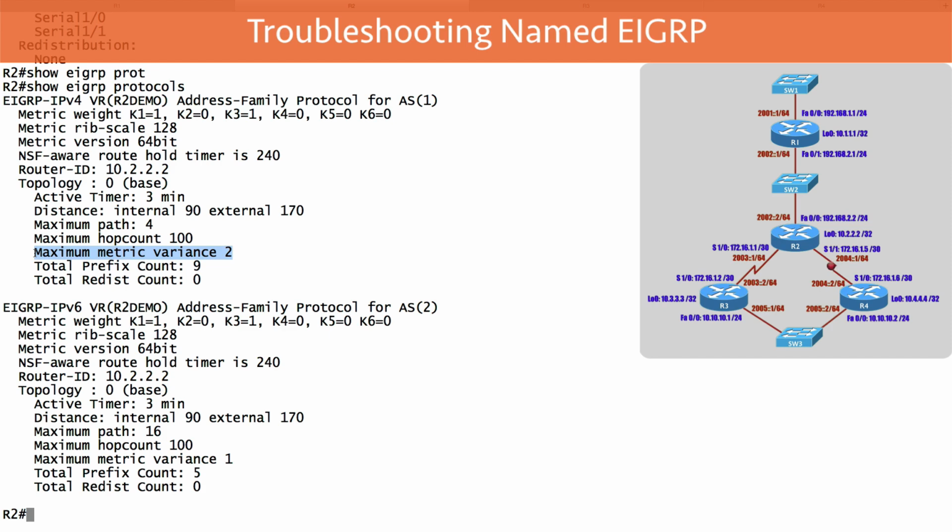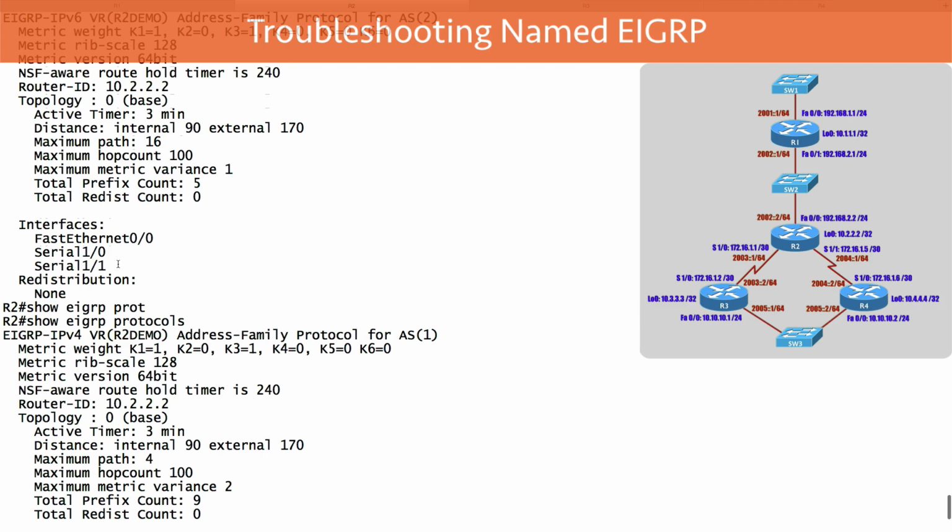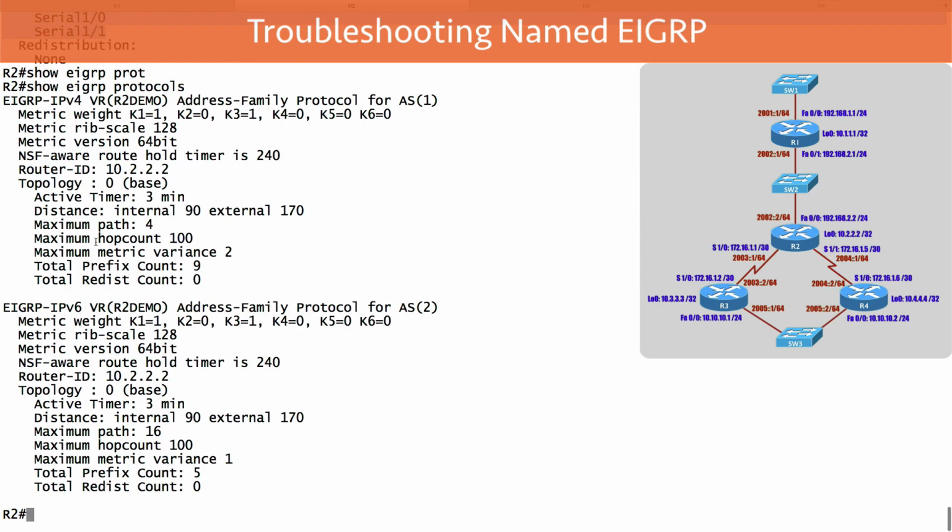Something that's missing though, specifically for IP version 6, when I did a show IPv6 protocols, I got this really useful information. I got a list of interfaces that were participating in EIGRP for IP version 6. We don't get that here in the output of show EIGRP protocols, and for that reason, many people prefer to go with the older commands.